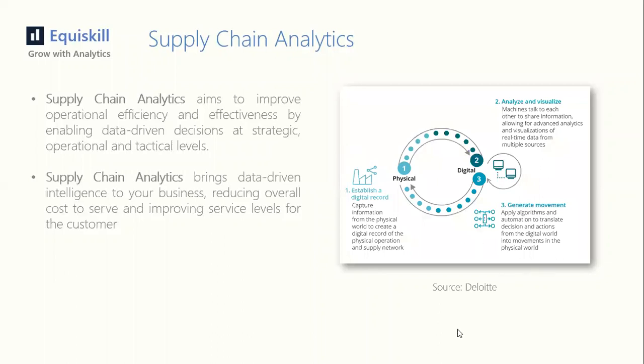And we've sort of given an example here where you talk about how do you establish and capture physical world information from a factory here, which you see on the left hand side. And we call this in the world of analytics data acquisition. So how do you acquire data at the source, right, and then analyze and visualize it? Now, mind you, you want to visualize before you analyze, right?